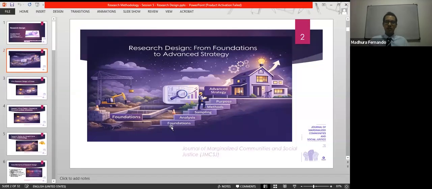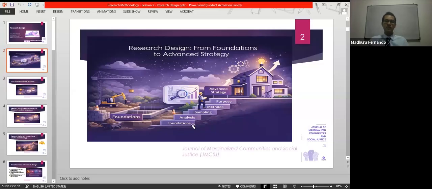First thing is you have to set a foundation to start your research journey. To start a research, you have to lay a foundation. On that foundation, you can develop the next steps. It's just like you are laying the foundation to build a house, right?